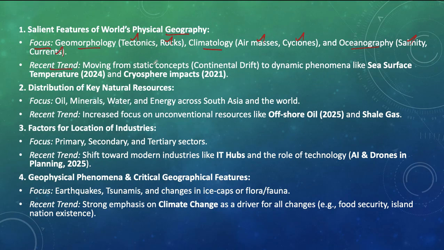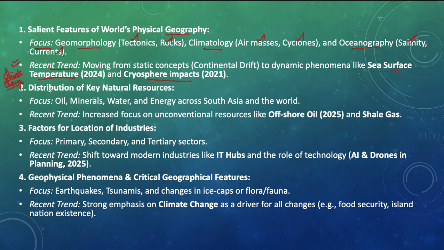The recent trend, what is changing in the UPSC mains examination, is they are moving from static concept to dynamic phenomenon like sea surface temperature and cryosphere impacts. So basically you can relate with the effect of climatic change, all the topics and technological updates, whatever is happening with respect to that particular segment of the syllabus. We need to update ourselves, students, because the UPSC examiner will pick questions from that segment as well.